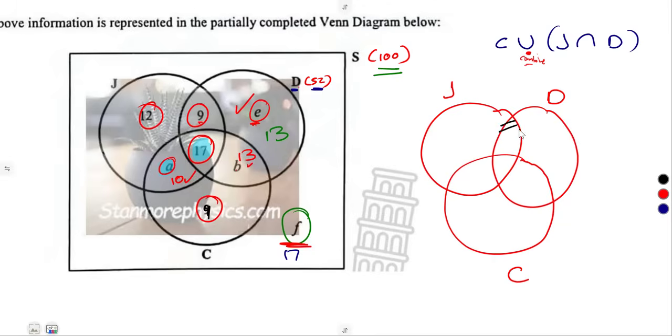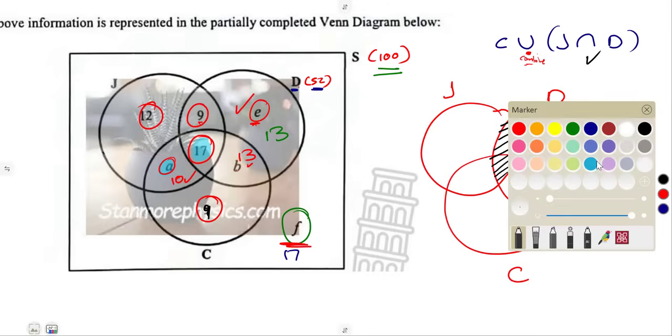This is J intersection D. We are not given to say J intersection D only. So you take everything that you see where the J part is and the D part is where they combine here in between. All right, that's our J intersection D.